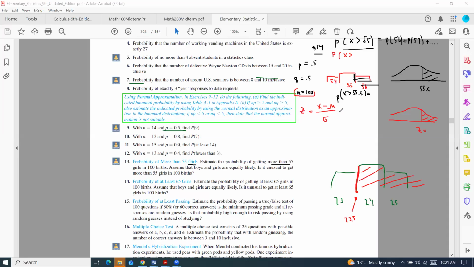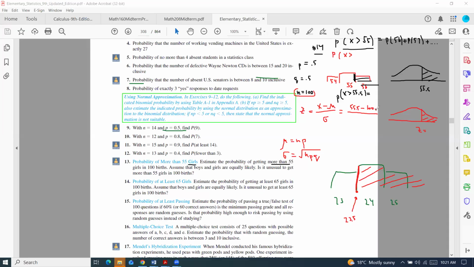So the mean was NP, and the standard deviation for the binomial distribution is square root of NPQ. So I'll plug everything into this formula. So my 55.5, that's why we have a little extra in this section. N was 100 times P, which is 0.5.